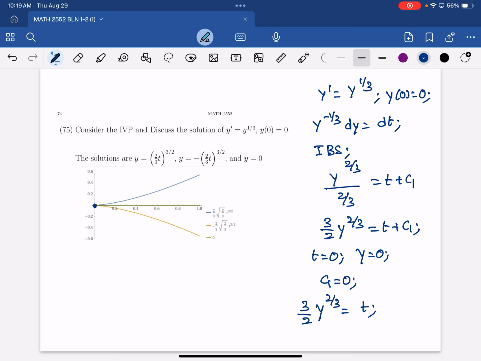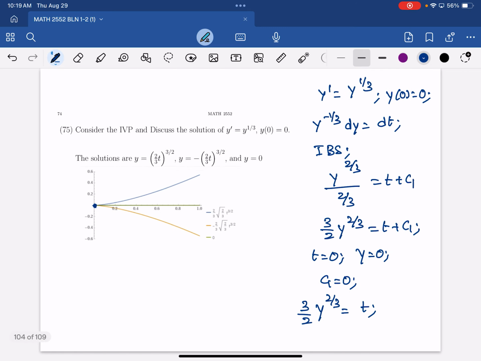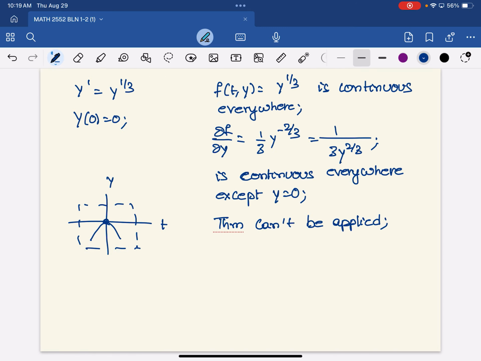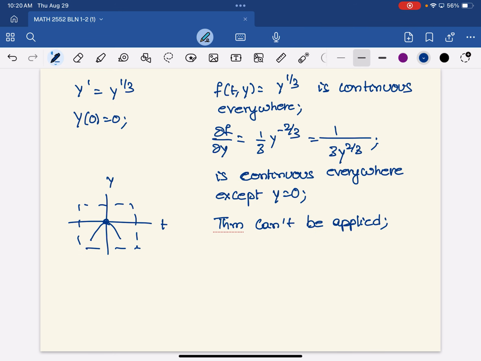What would that tell us? Oh, you're saying here f of t, y is continuous everywhere, but partial f partial y is not continuous at y equals 0. You're saying if it is continuous at 0, what would it look like? What would the scenario be like?